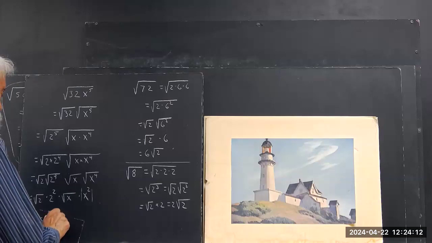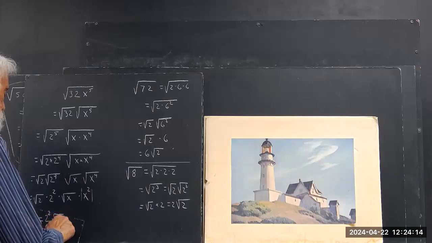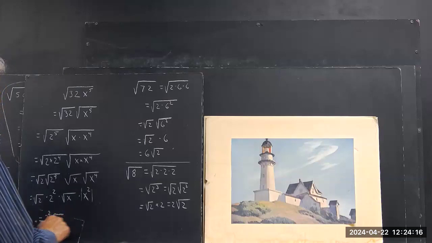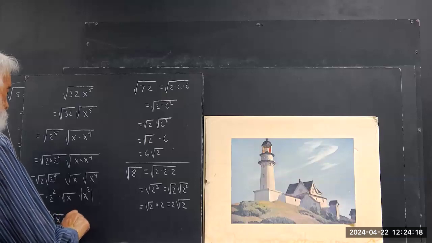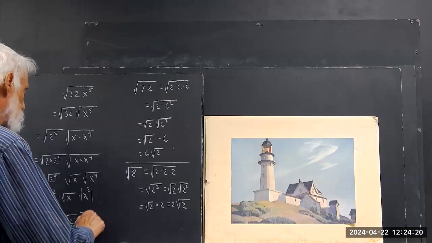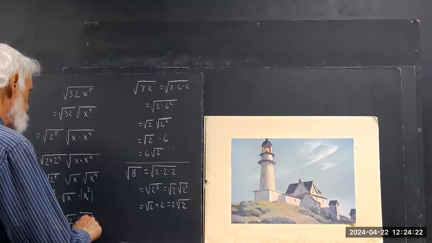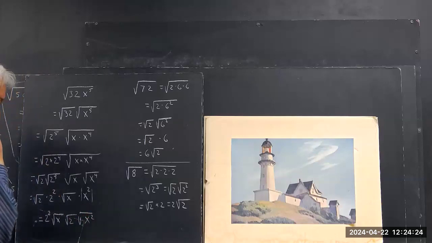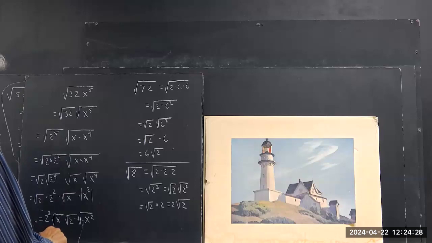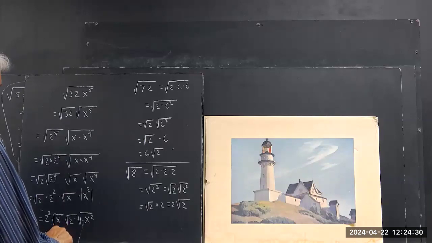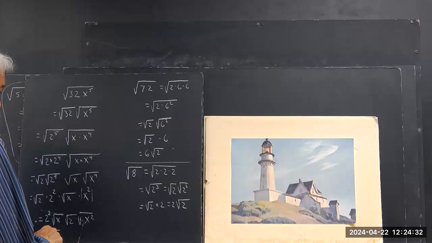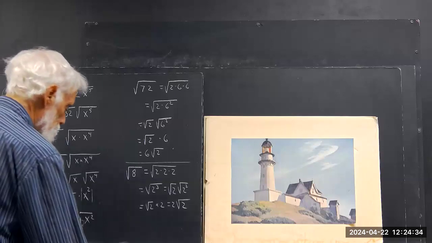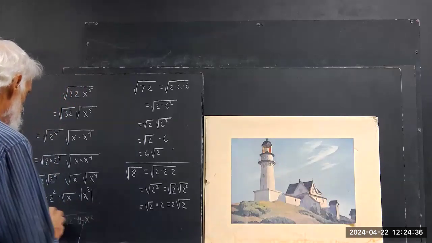2 squared times the square root of x times the square root of 2 times the square root of x squared, which we can write as 4 square root of x. Got that in bad order, I'm sorry.